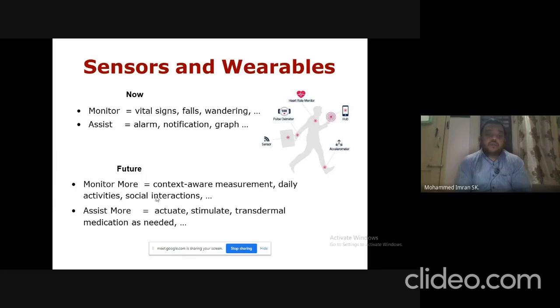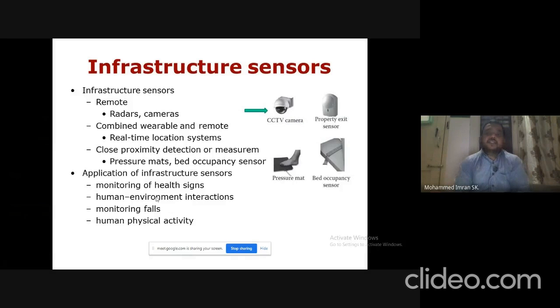They will monitor more, and some new features will be there, like context aware management, daily activities and social interactions. Based upon that, they'll be monitoring the behavior of the patient, assisting more accurately, and transferring medication as needed. Next, infrastructure sensors.